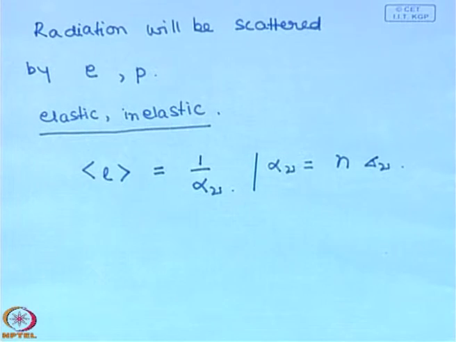So, let us consider for making a simple estimate, let us just consider one process, the Thomson scattering, elastic scattering. Okay. So, for elastic scattering we know the Thomson scattering cross section. We have discussed this already when we were looking at the Eddington limit. This is in a problem.